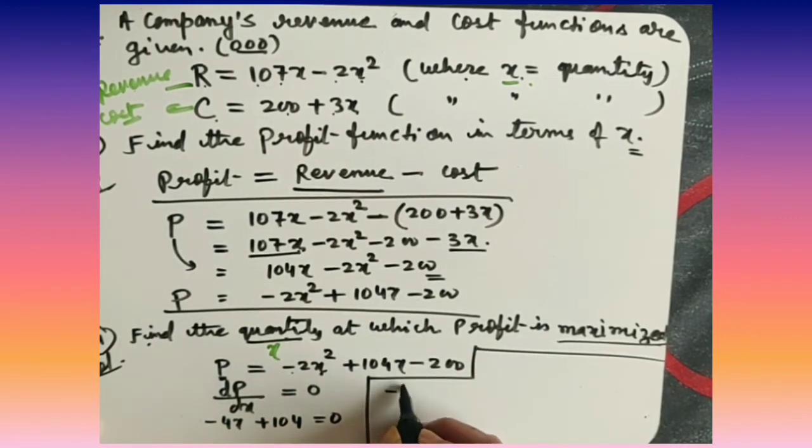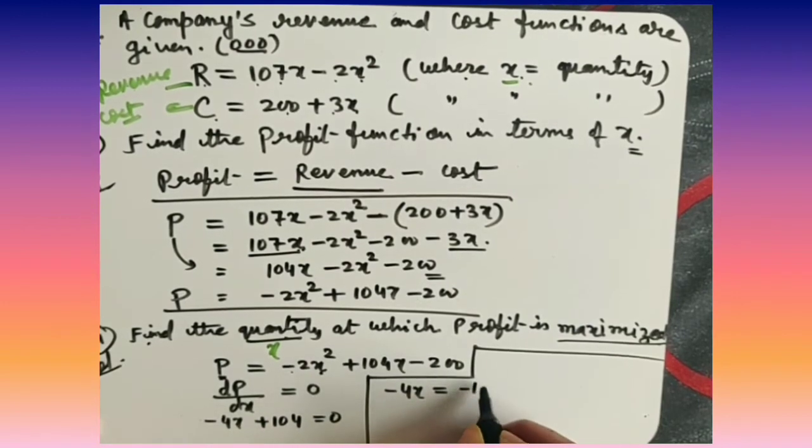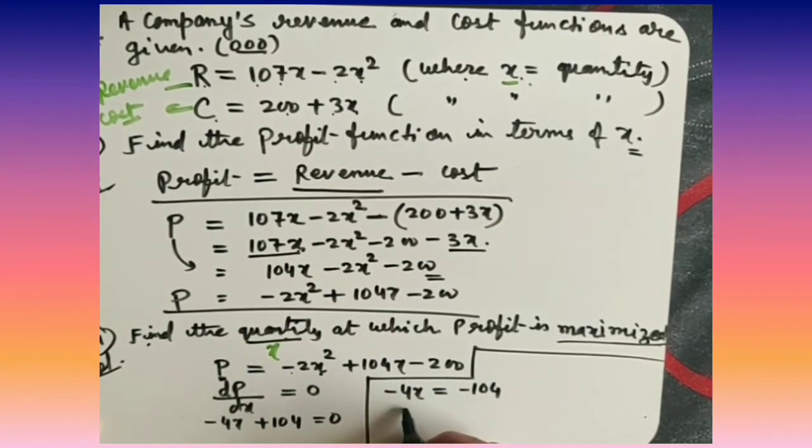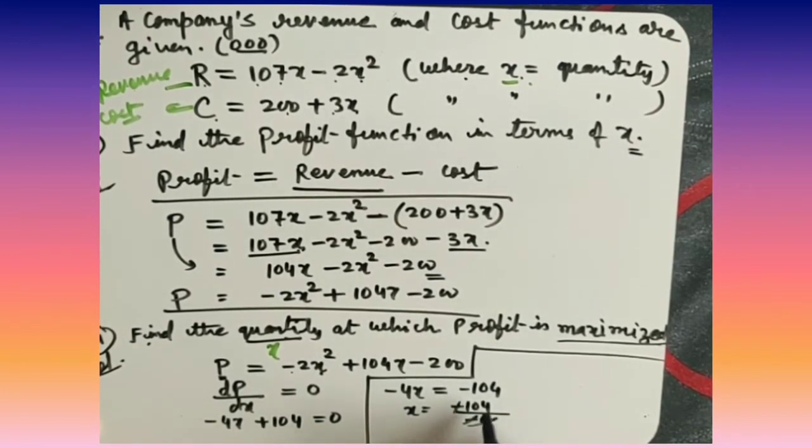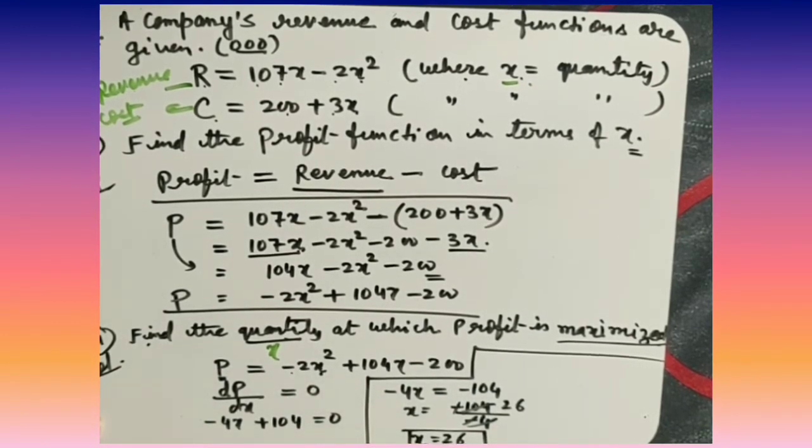Here minus 4x equals, this will come over to this side, so it becomes minus 104. So x equals minus 104 over minus 4, and then you can cancel it out. You will get x equal to 26. So for x equal to 26, profit will be maximized.